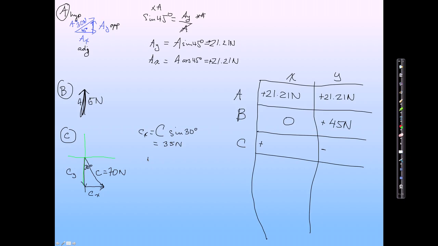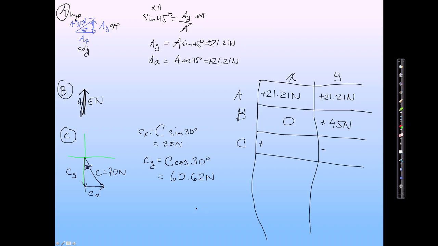Cy, because Cy is adjacent to the 30-degree angle, will be equal to C cos 30, which will equal 60.62 newtons.